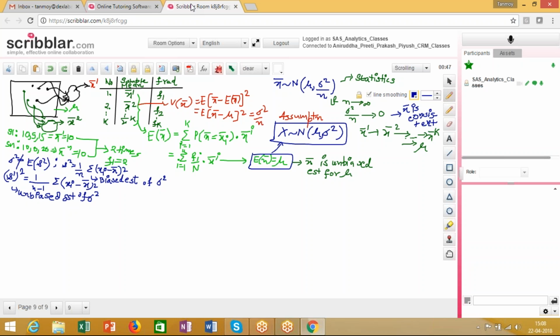So this is what the overall behavior of the sample is. Clear?